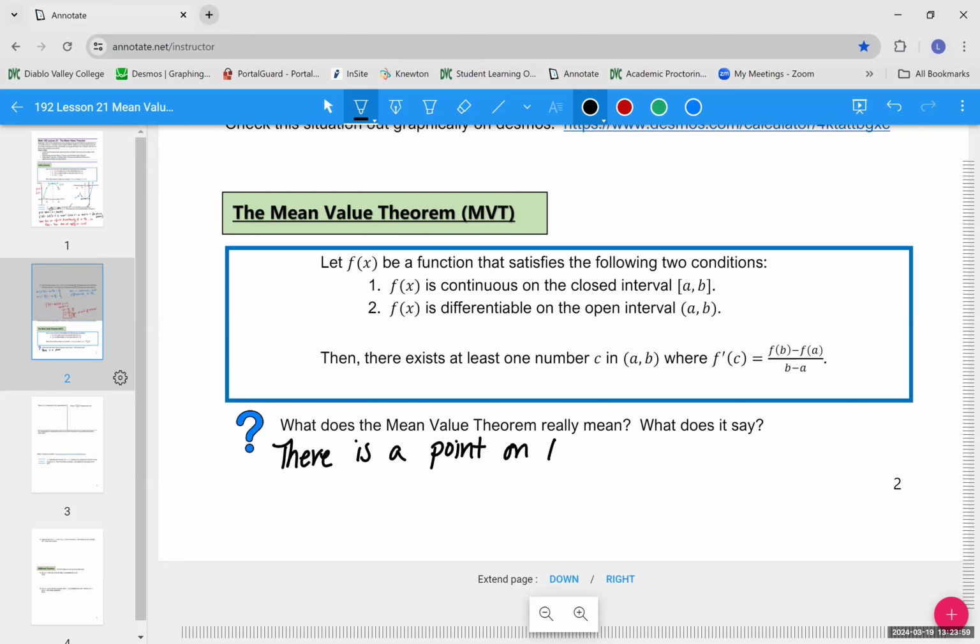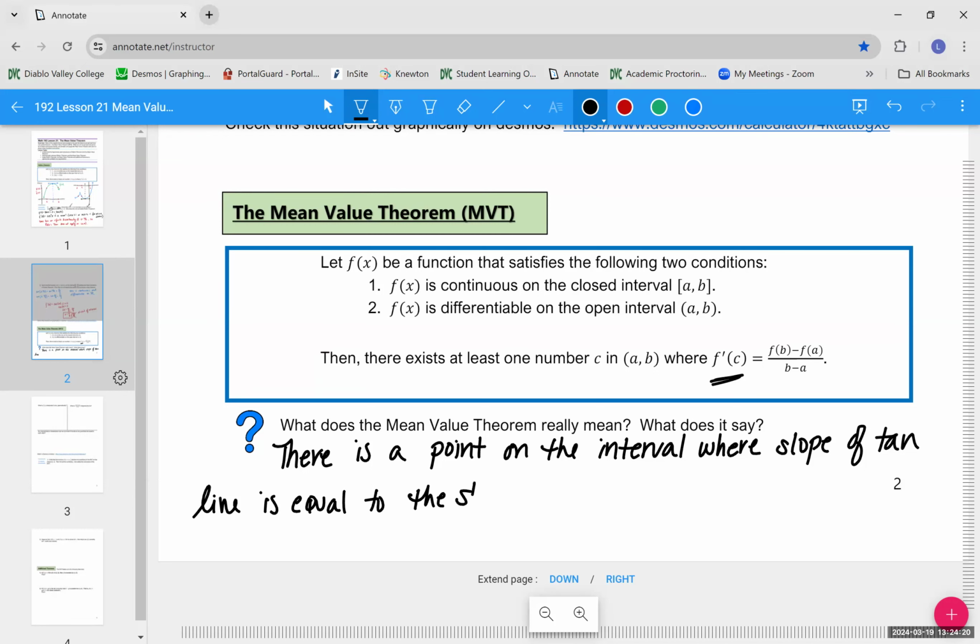There's a point on the interval where the slope of the tangent line, which is, of course, the derivative that we just talked about, f prime of c, is equal to the slope of the secant line. And the secant line is the line through the two endpoints of the interval, the f of b minus f of a over b minus a.